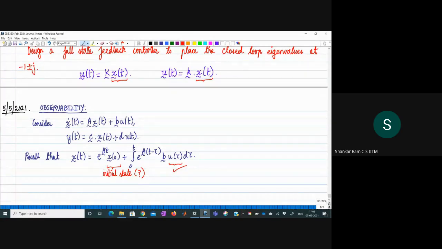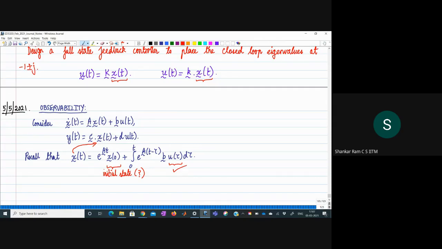Once we have that information, what we need to do is just substitute this into the equation for y, and then we know how the output comes about.